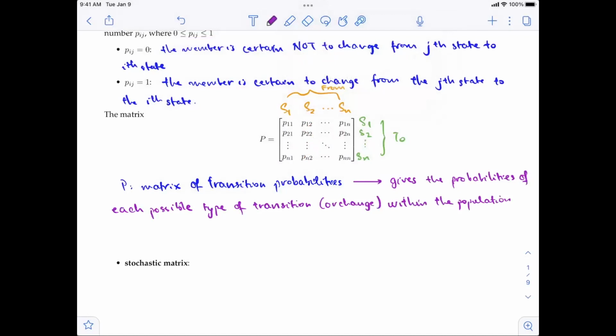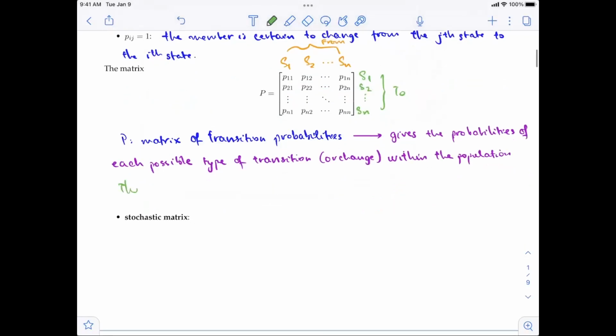Okay. So one condition here is that the sum of the entries in any column of P is equal to 1. For example, look at the first column here.